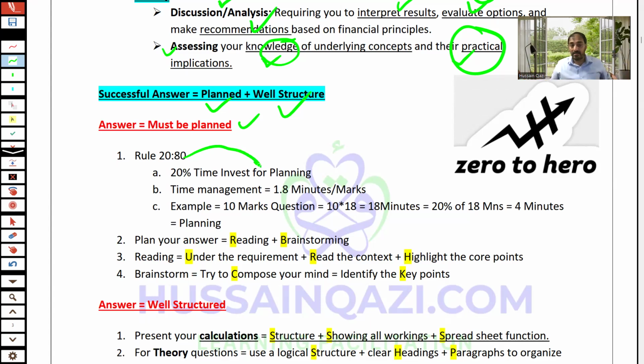What does that mean for planning? Number one, the rule everybody knows is about time management. You have a total of 3 hours, 180 minutes, divided by 100 marks, that's 1.8 minutes for each mark. So, for example, if you are attempting a 10-mark question, you have 18 minutes. Make sure that you invest 20% of that time, that's about 4 minutes, for planning.